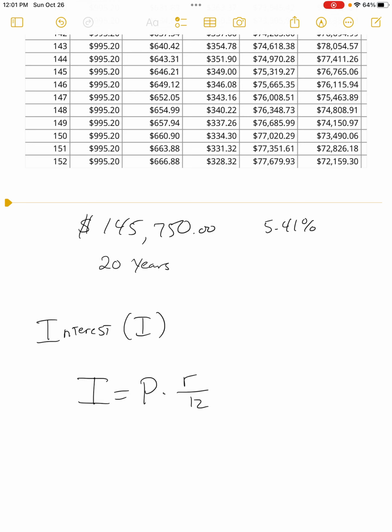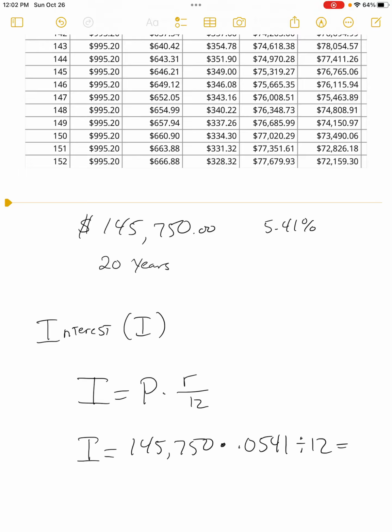Because the rate is an annual interest rate, and we have it for just one month. So the interest owed in that first month, I'd never made a payment, so I still have $145,750 out of their money, times the rate, which was 5.41%, so times 0.0541 divided by 12, and we'll hit equals.